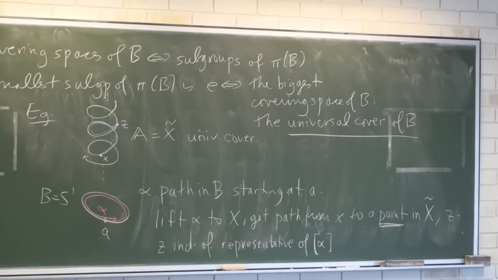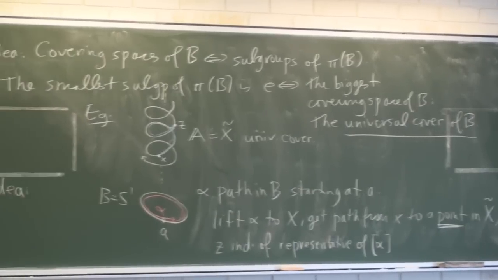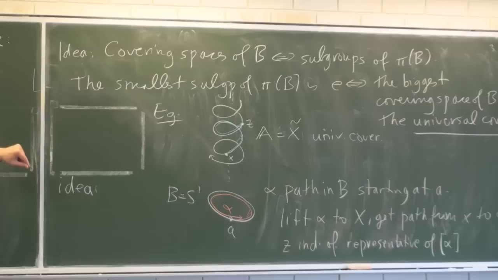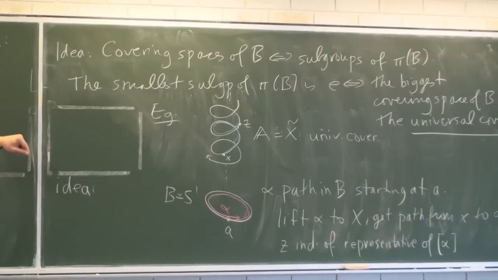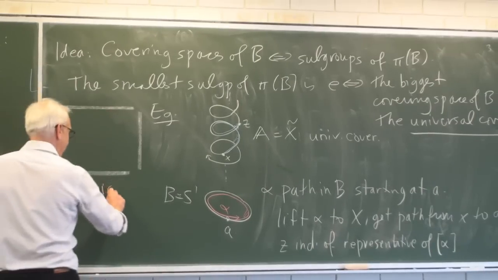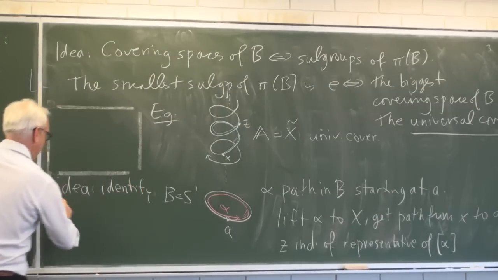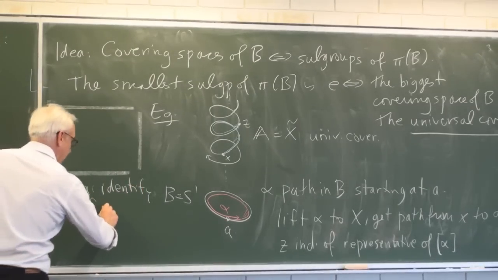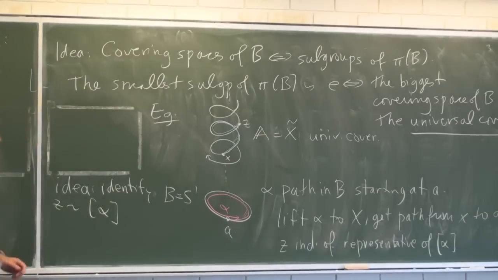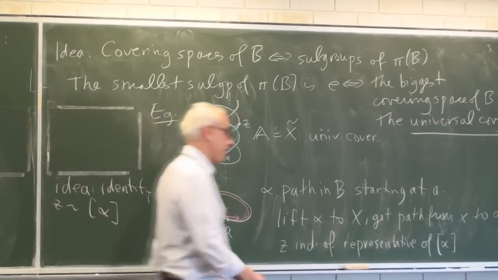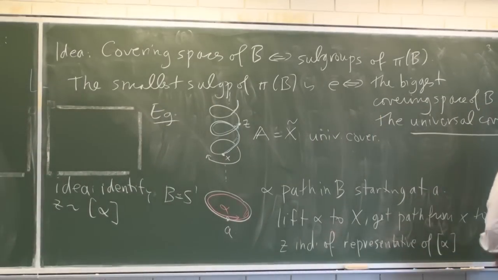All right, so the idea is to identify the point Z with the homotopy class of this path alpha. And that's how we construct the universal cover in general.